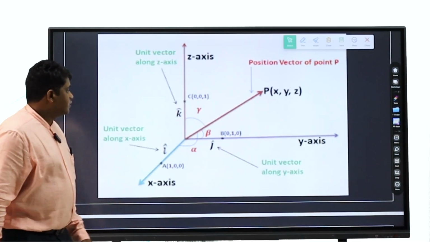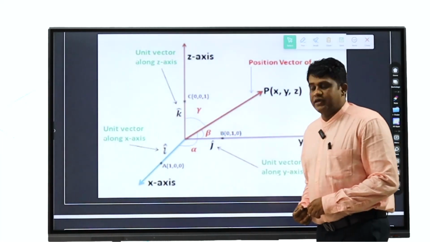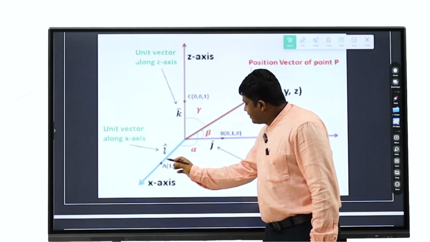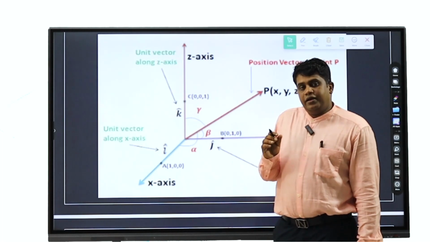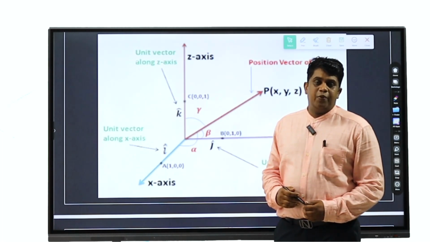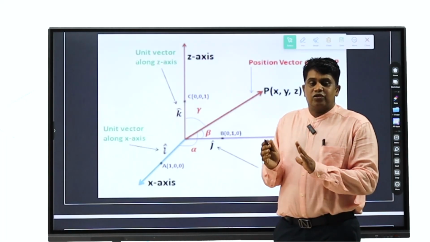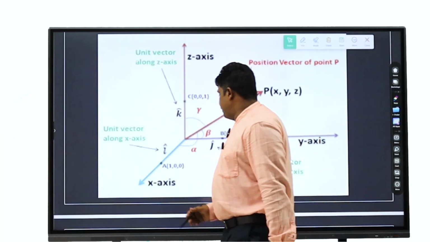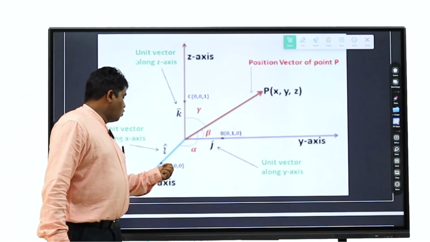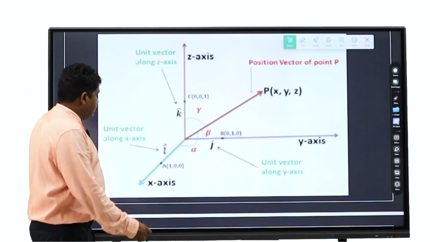And here there are 3 points A, B and C. What about the point A? It is a point on the x-axis. In 2D we have already studied points on the x-axis: the y coordinate is 0, and for a point on the y-axis, the x coordinate is 0. Similarly, if A is a point on the x-axis, its x coordinate is there, and the y and z coordinates are 0.